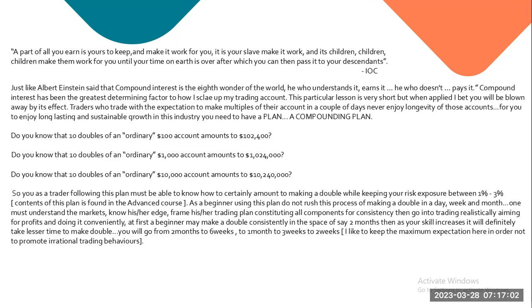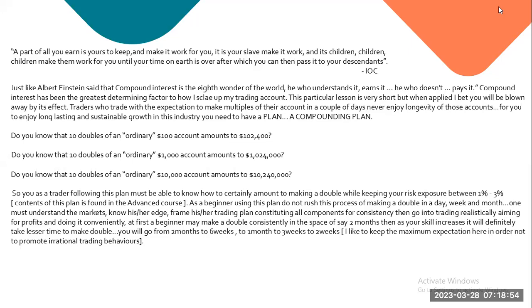So I'm saying that while you still maintain 1 to 3% risk exposure, you look for how to certainly amount to making a double conveniently. As a beginner, using this plan, you do not rush this process of making a double in a day, week, or in a month.